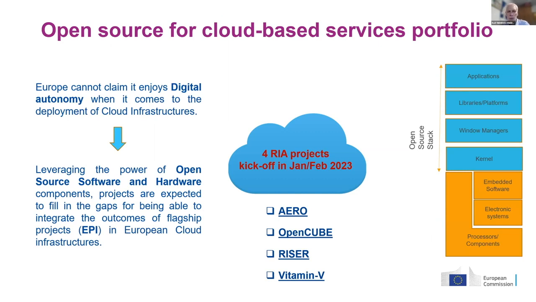To support open source software and hardware components, which are expected to fill the gap, as a new way of projects to support open source communities, but also to build on the outcomes of the flagship, the EPI, the European Processor Initiative, and to drive innovation towards the new type of European cloud infrastructure based on open source components manufactured in Europe. So the 4 projects have been listed over here. As said, also they have started very recently.